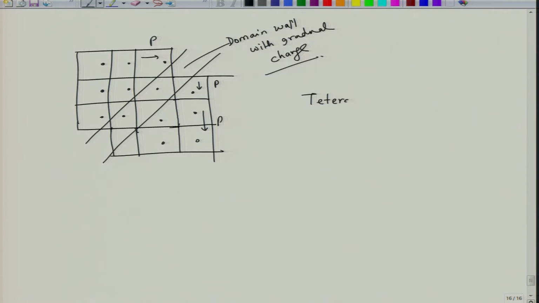Generally we observe 90-degree domain walls like this. This is a 90-degree domain wall because polarization changes from this to this. So this is P, this is P, and then 180-degree domain walls, in which it would be like this. Depending upon the crystal orientation you may have multiple orientations, and there are some nice papers available in which you can see that different crystals will show different orientations.